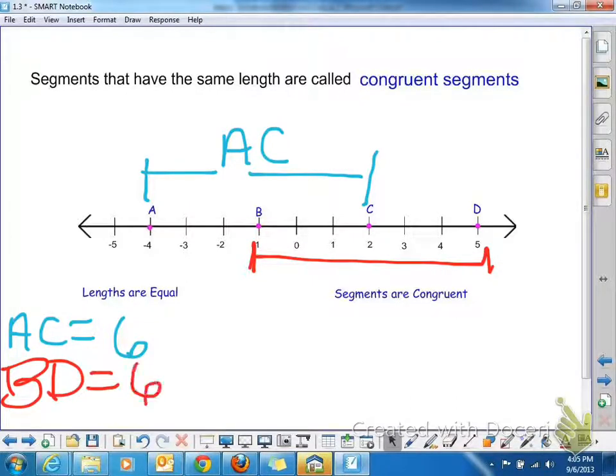If AC equals 6 and BD equals 6, then we know AC is equal to BD. And if they are equal, then they are congruent. So we could say that segment AC is congruent to segment BD.